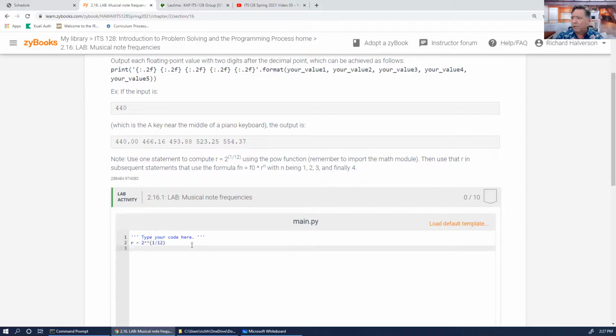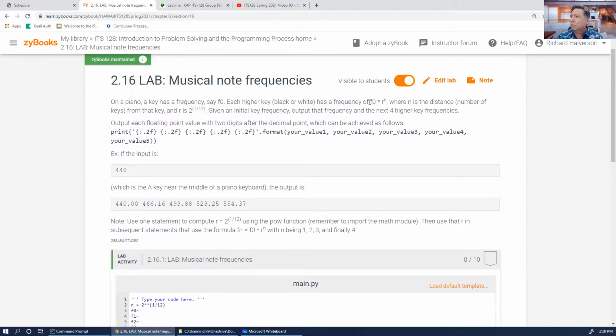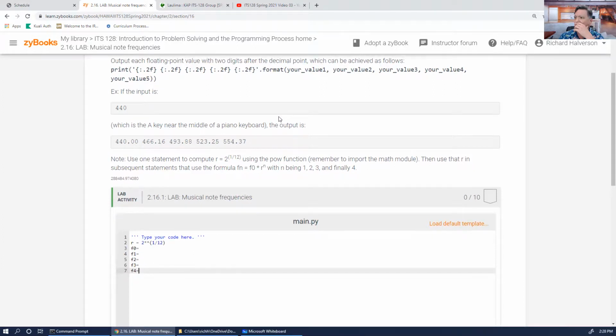And so you're going to have R. And then you're going to have an F0 and an F1 and an F2 and F3 and F4. And F0 has a frequency of F0 is, where does F0 come from?